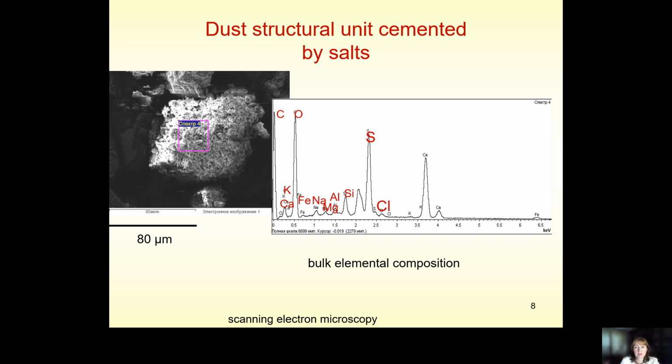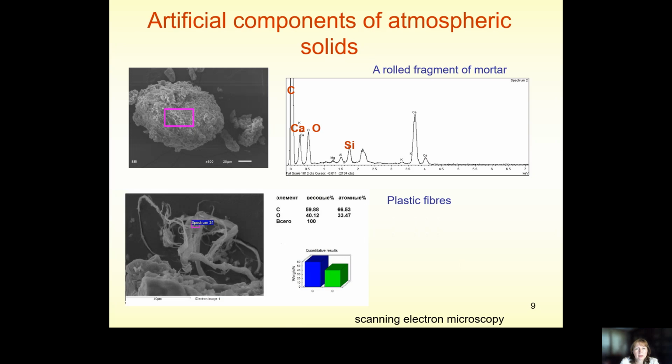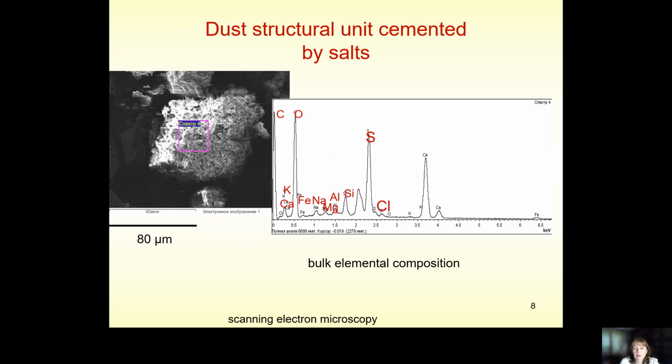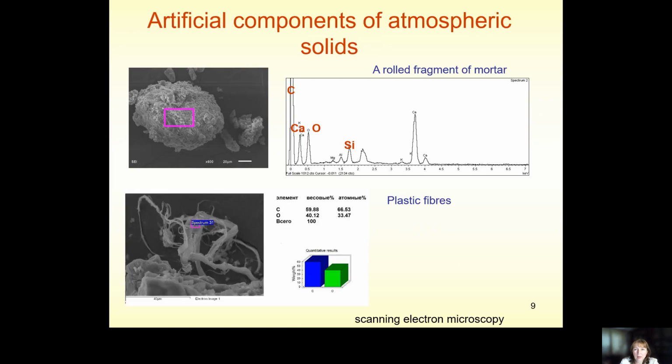Some dust units consist of salts. A large amount of carbon, sulfur, and chlorine gives us evidence of chlorides, sulfates, and carbonates presence. Fragments of mortar and plastic fibers are usual in atmospheric dust.